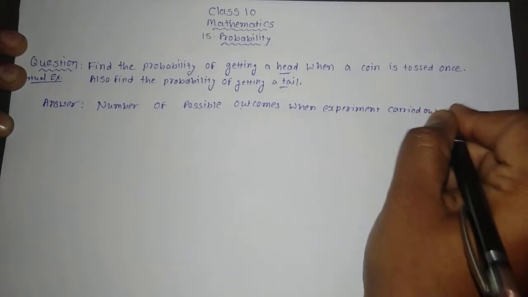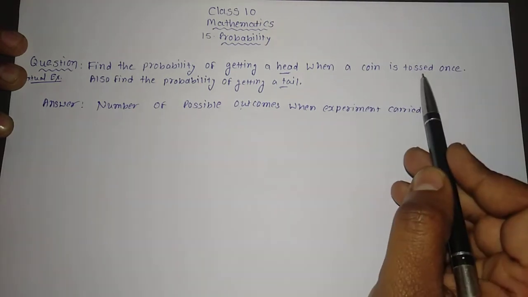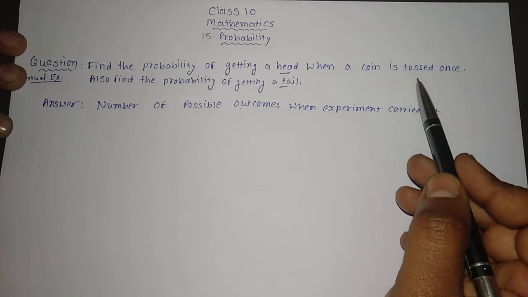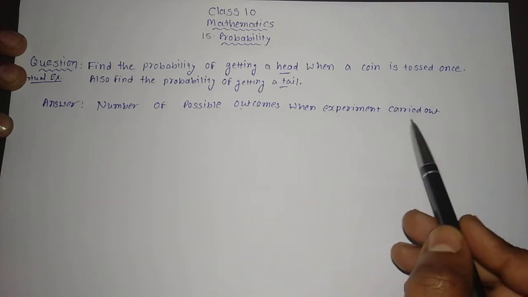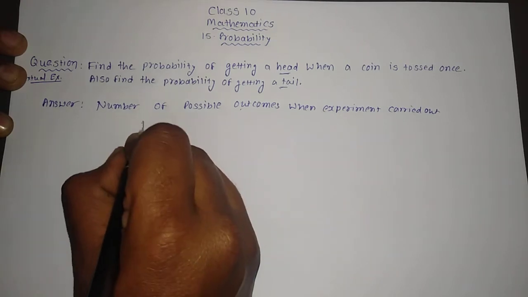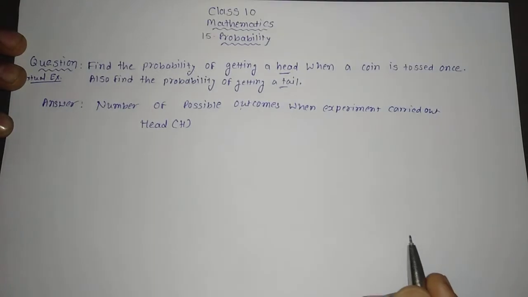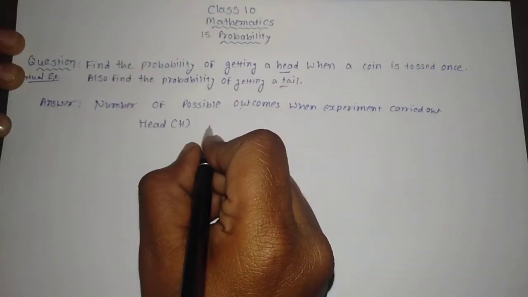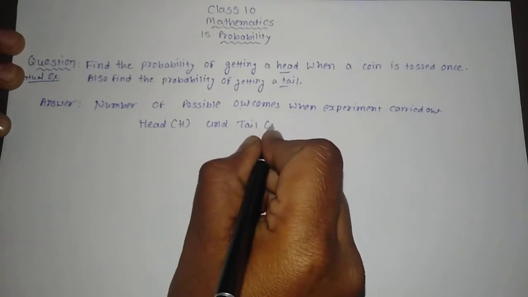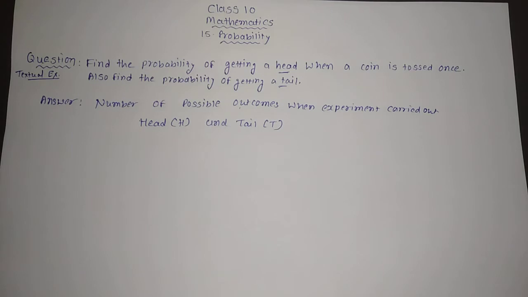Which experiment? Getting a head when the coin is tossed. Tossing a coin is the experiment, and we want the number of possible outcomes when the experiment is carried out. What are those two possible outcomes? We know that one is head, which we write as H, and the second is tail, which is T. These are the two possible outcomes, either head or tail.